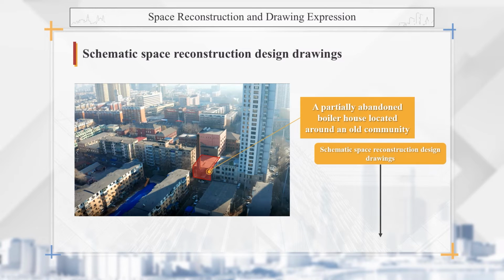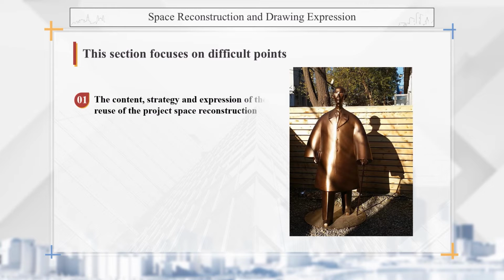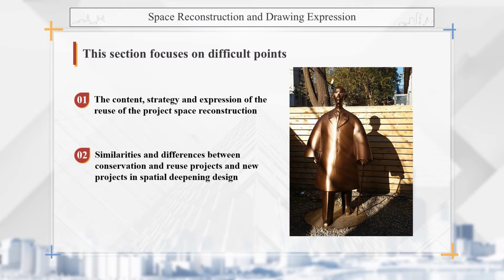Starting from the conventional expression space drawings of a new project, that is, plan, section, and perspective, we design and express the space reconstruction strategy of the renovation project, so that students can master the content, strategy, and expression of the reuse of the project's space reconstruction.